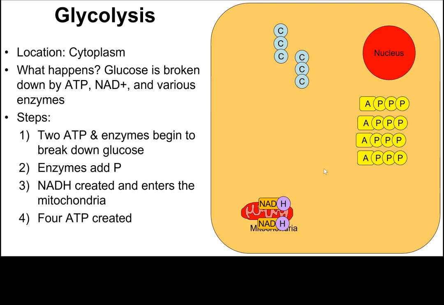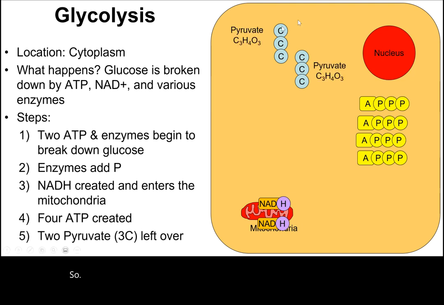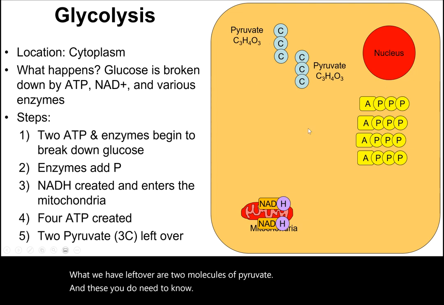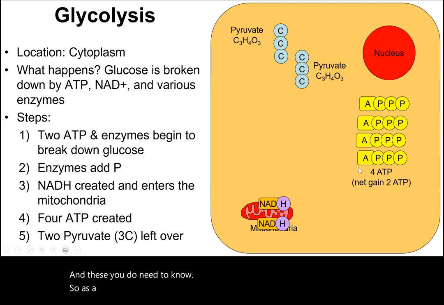So, what we have left over are 2 molecules of pyruvate. These you do need to know. So as a result, we have a net gain of 2 ATP. I say net gain because remember, we had to spend 2 to get 4. So we started with 1 molecule of glucose, 2 ATP, and we ended up with 4 ATP, 2 molecules of pyruvate, and 2 NADH.